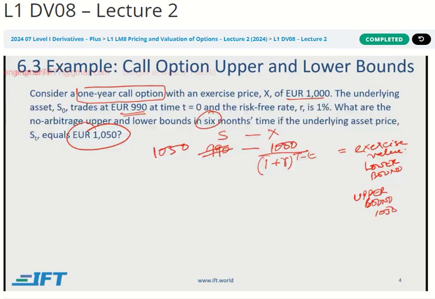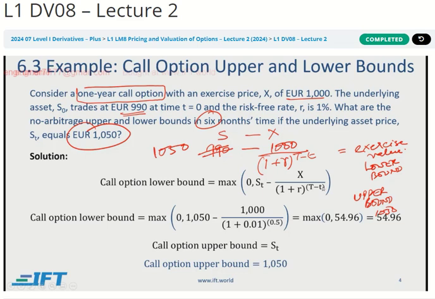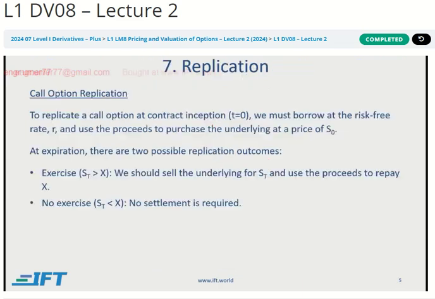Let's look at the solution, and this is exactly what it is: the exercise value is 554.96, which is going to be the lower bound, and the upper bound is the stock price itself.